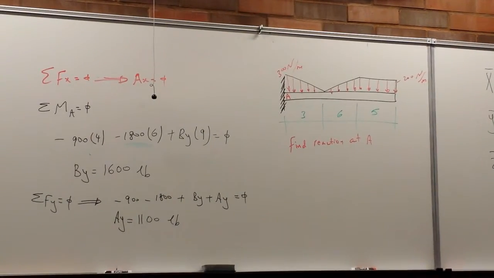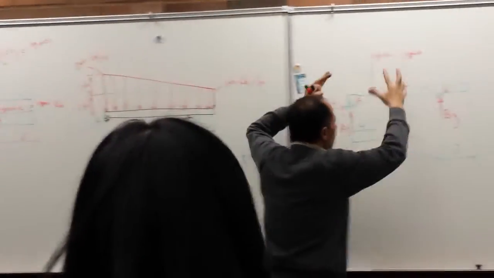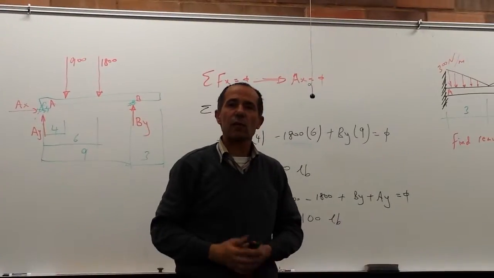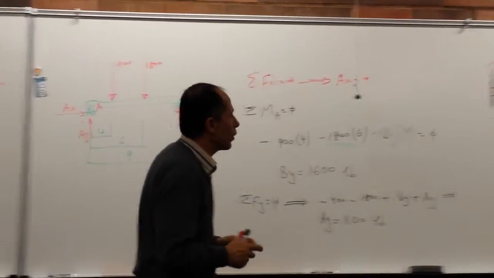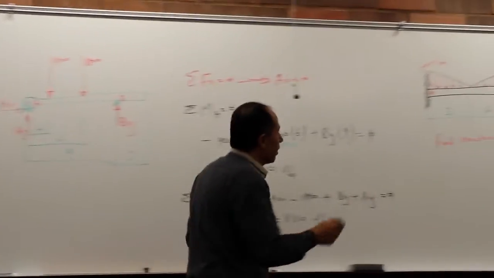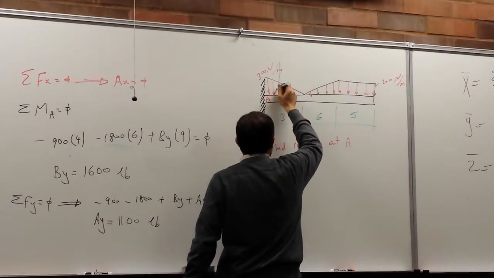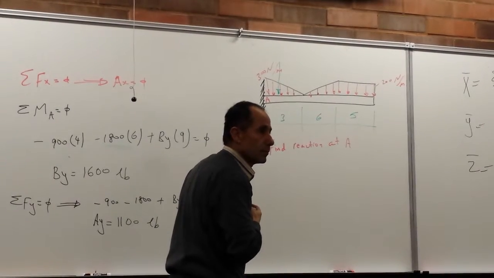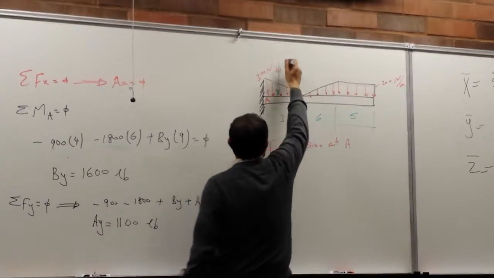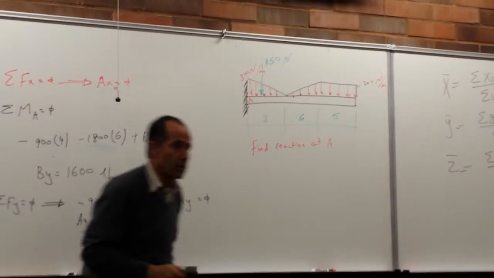Now we are smart. We don't need to draw this picture, this picture, this picture. We will deal with one. It's better if you have a different color to make it easy for yourself. Here, I can replace this one with this force here. This force equals what? 1/2 of 300 newtons per meter times 3.